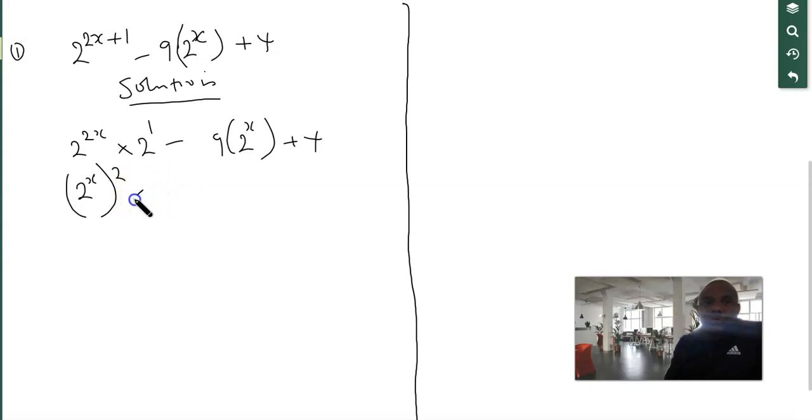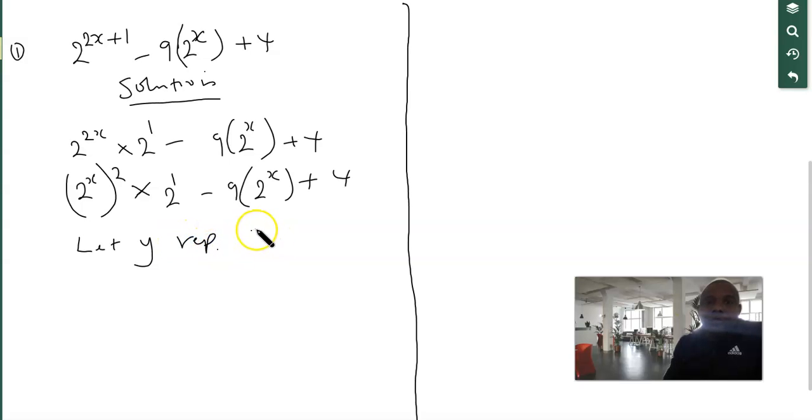So times 2 raised to 1 minus 9 times 2 raised to x plus 4. So I'm going to use another letter to represent 2 raised to x. So let y represent 2 raised to x, which means anywhere you see 2 raised to x, you put y.